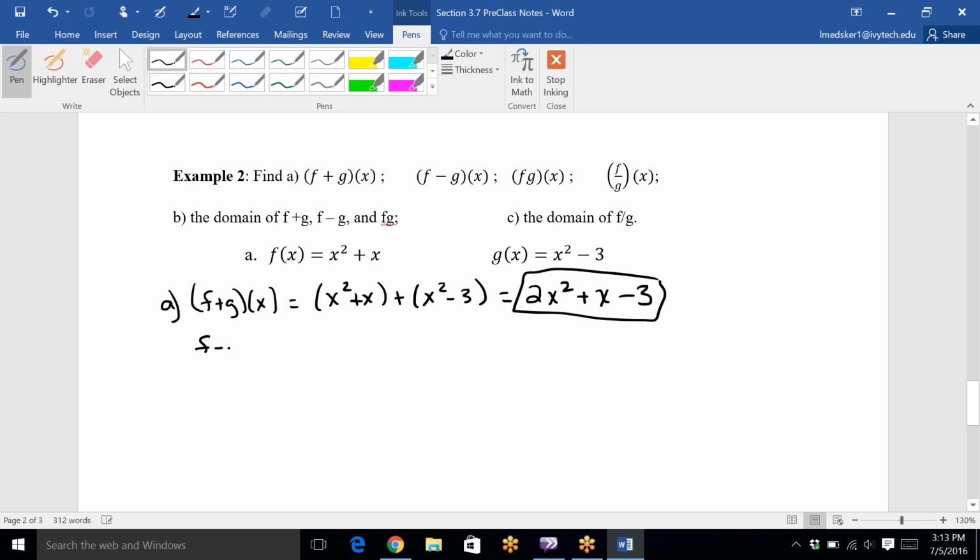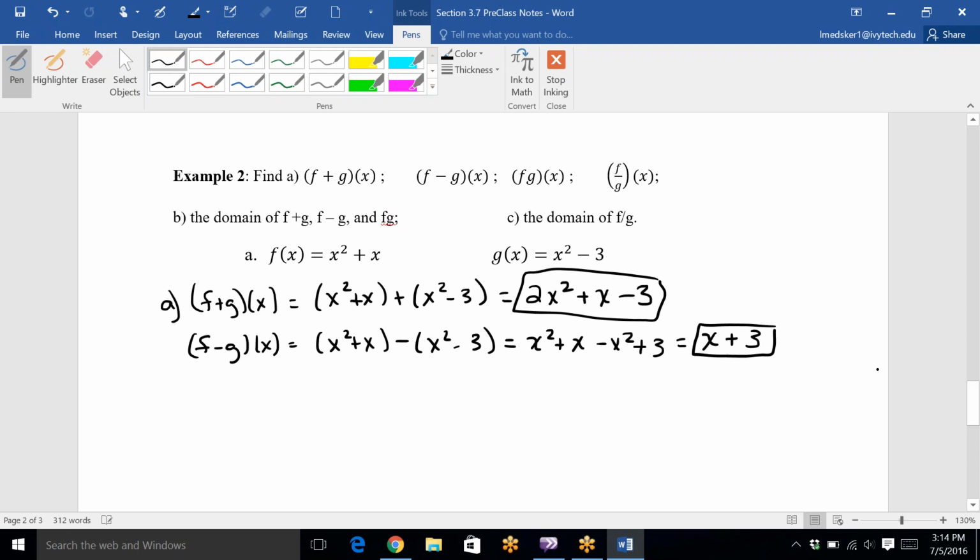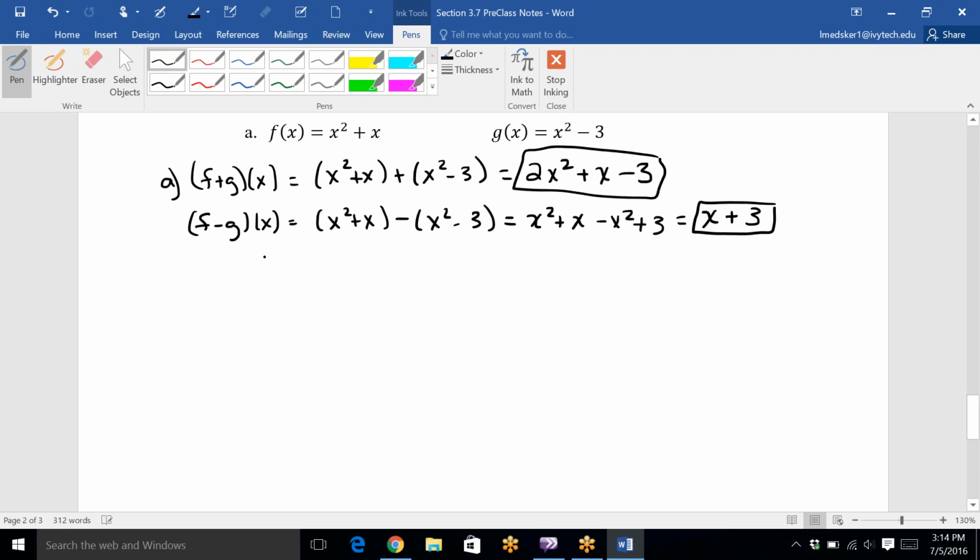We also want to do f minus g. So the first function minus the second one. Make sure you distribute that negative. So this time the x squareds cancel out and you're just left with x plus 3 because of that opposite sign. F times g.